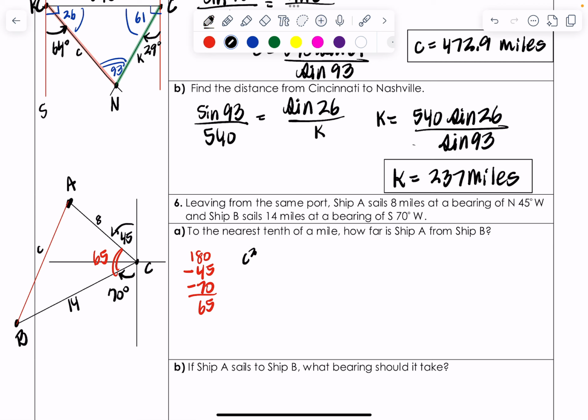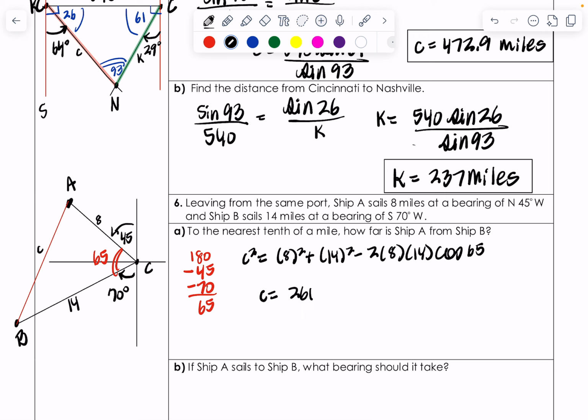I know C squared is equal to 8 squared plus 14 squared minus 2 times 8 times 14 times cosine of 65. And I can just put this in the calculator all at one time. Square root of all of that. And I get, let's see, 260 minus 224 cosine of 65. So C is 12.9 miles.